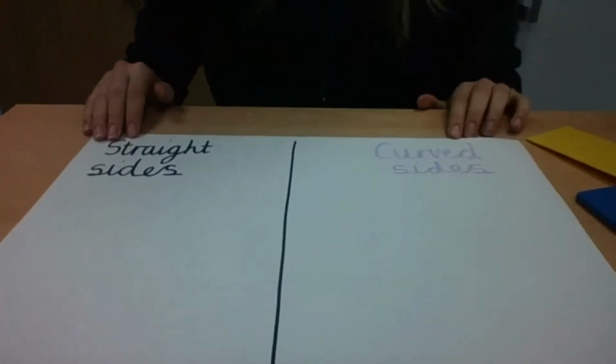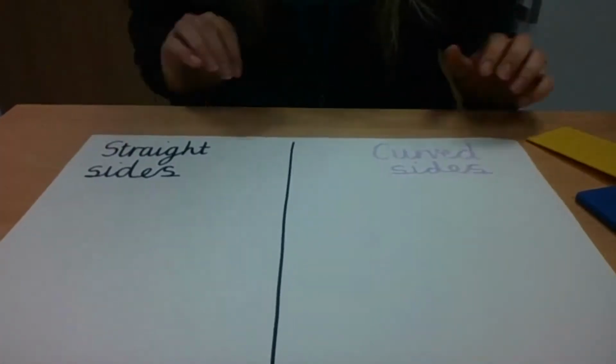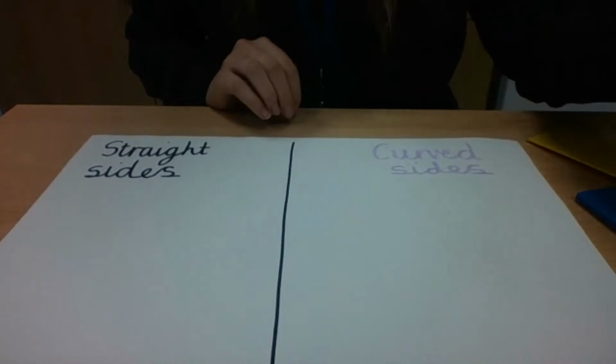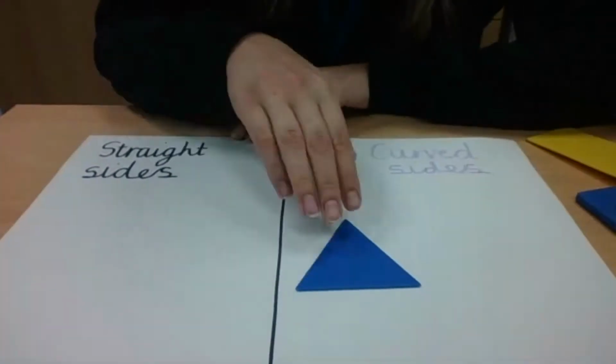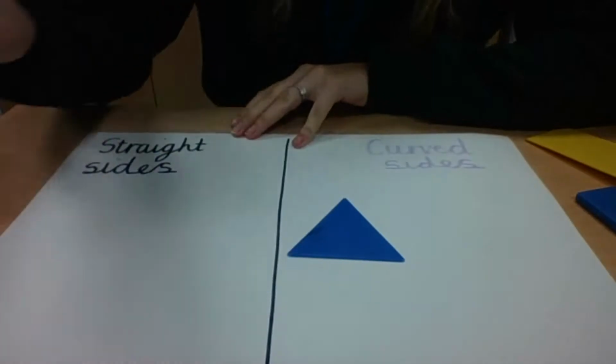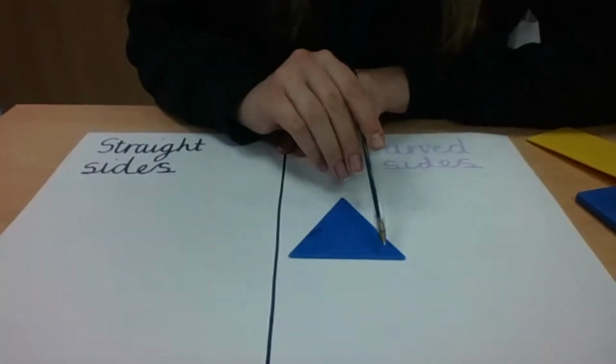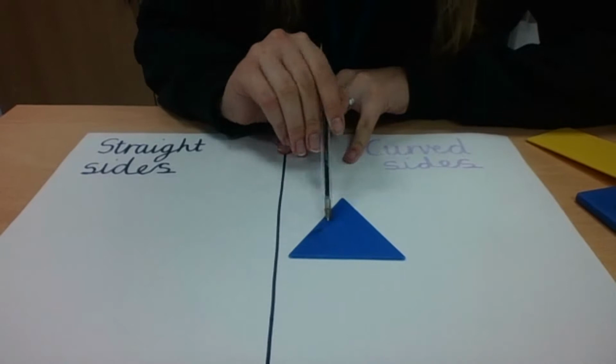Now, in Red Class already, we have had a look at the properties of these shapes and we have been describing the shapes. Now, I wonder if you can remember what this part of a shape is called.